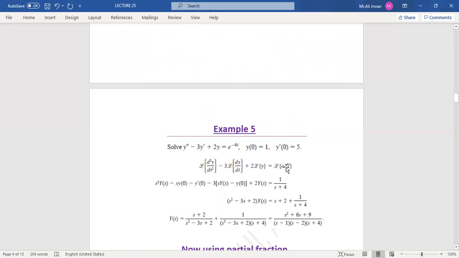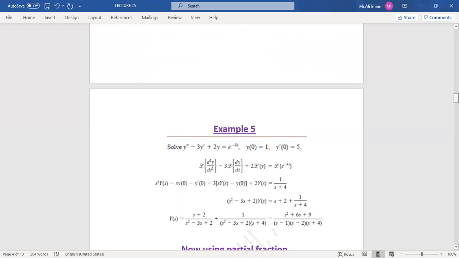And Laplace transform of e power minus 4t is equal to 1 divided by s plus 4. If we use the boundary conditions and take Y of s common from the left hand side terms, we have s square minus 3s plus 2 into Y of s is equal to s plus 2 plus 1 divided by s plus 4.